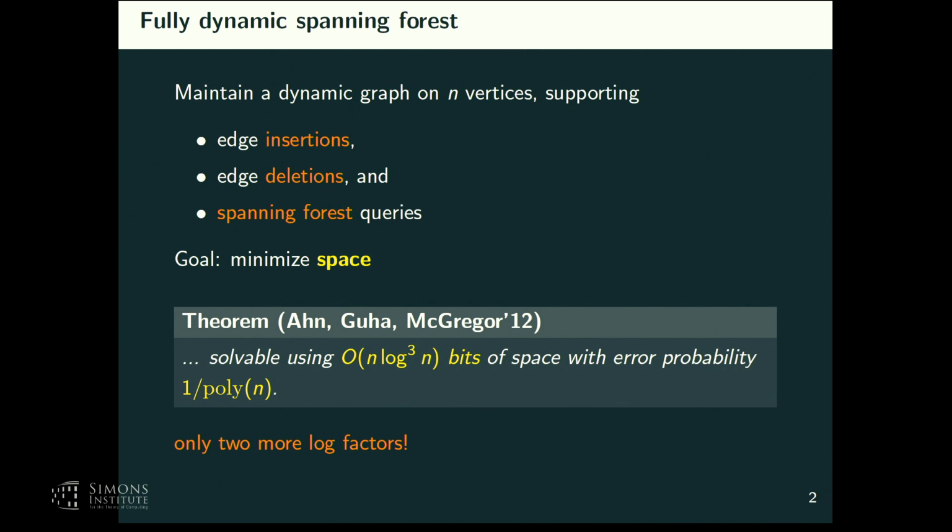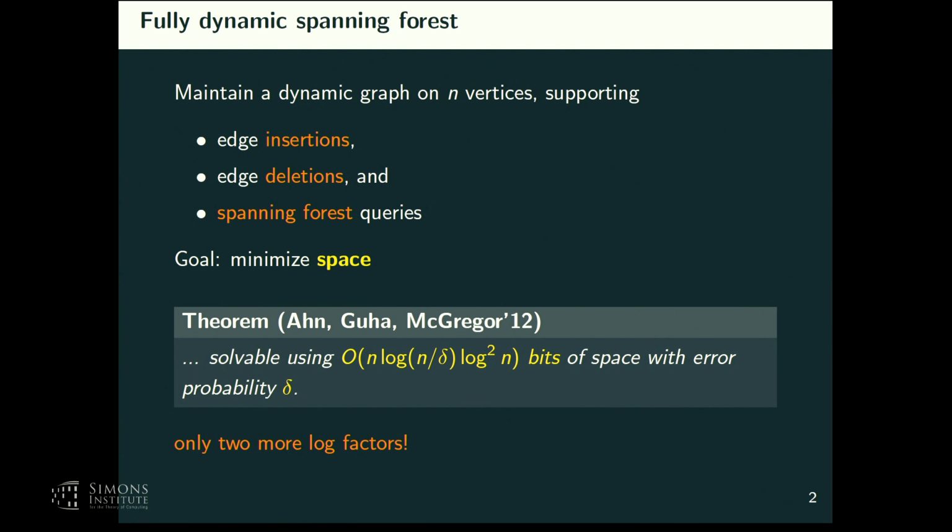The exact same algorithm with a different setting of parameters actually gives you a smooth trade-off between the space usage and the error probability delta. When the error probability is delta, this algorithm uses n times log(n/delta) times log² n bits of space.